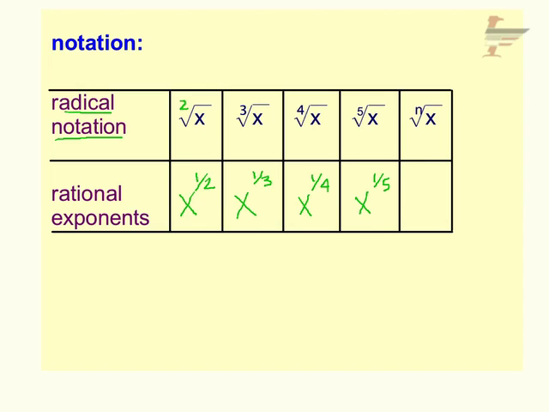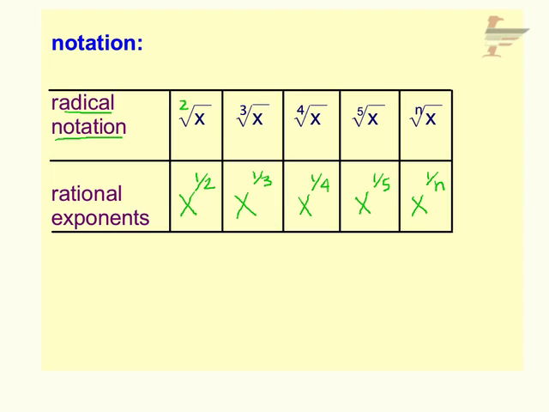Whatever root you're taking, that root is going to end up right there in your denominator. And so if your root is n, the nth root of x, it'll be 1 over n. So it doesn't matter what root, we know that that's where it will show up in the other notation. So these are equal. The square root of x is equal to x to the 1/2 power. Two different ways of writing the same thing.